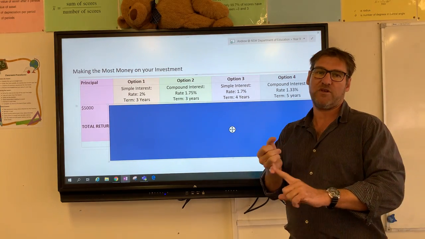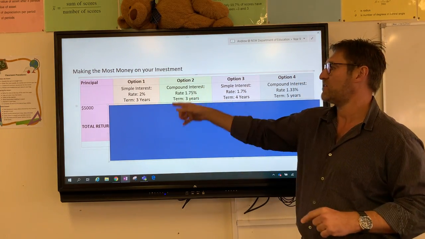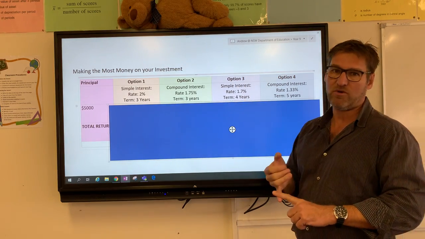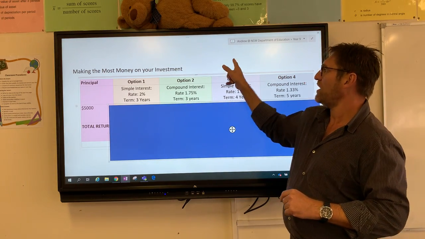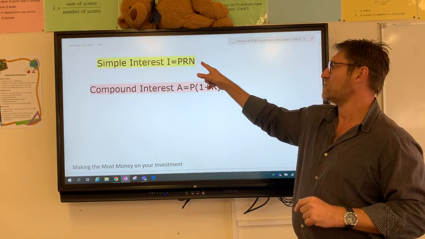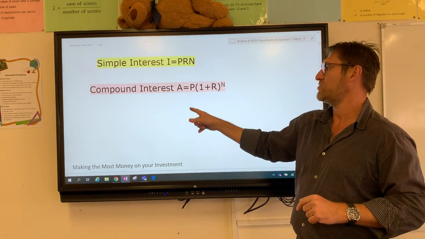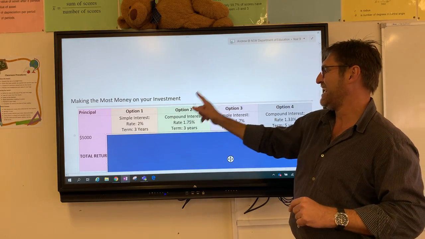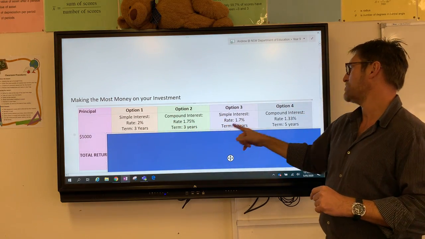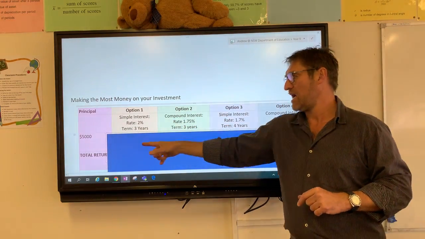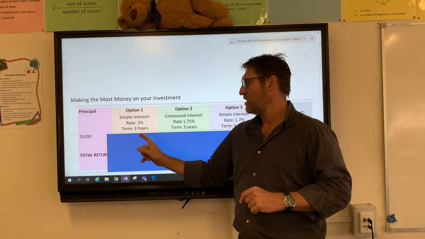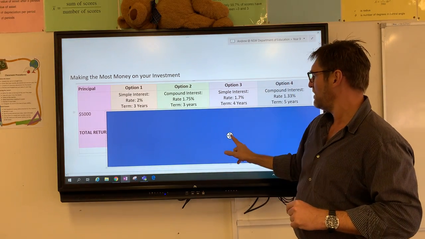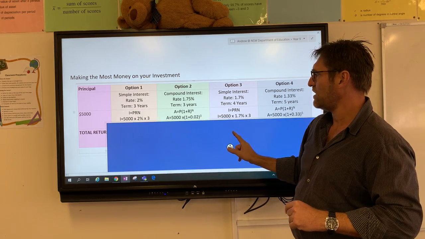If you just want to pause the video there yourselves, write that stuff down neatly, in columns in your book. Remembering our formulas, I = PRN for simple interest, P(1 + R)^N for compound interest, use these values to find out which one of the four options gives us our best return. Now we'll have a sneaky peek at what's going on under here.